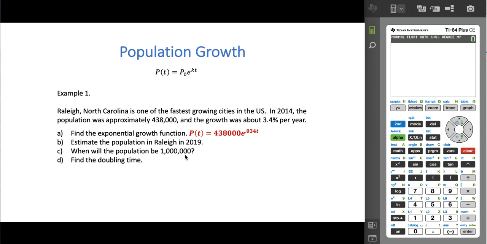So the next question we have to answer is what the population is going to be in Raleigh in the year 2019. Well, if this initial population was in the year 2014, we need to subtract those years to figure out what the time is. So the time is going to be 5, because 2019 minus 2014 is a span of 5 years.